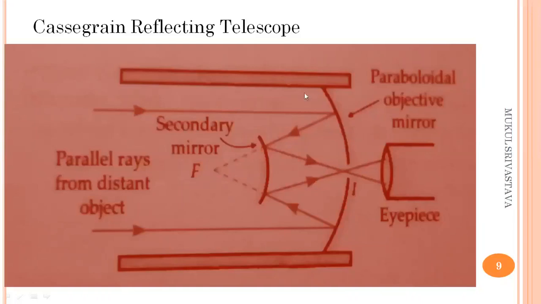This is the focus of this primary paraboloidal mirror, and this one is the convex mirror, which is the secondary mirror. The eyepiece is placed on the axis of this telescope near the center of this paraboloidal mirror, which is the hole here.